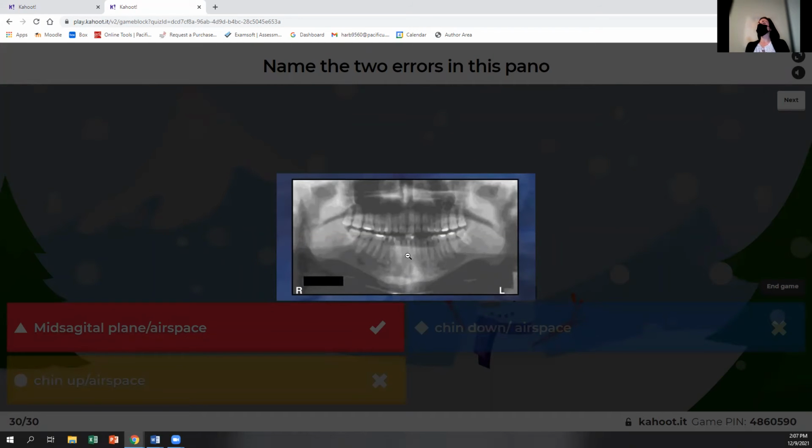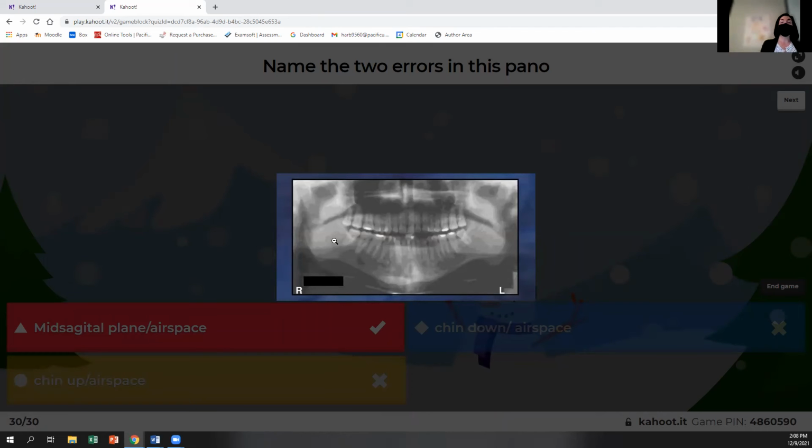Yeah, this one is kind of tricky. I'll admit, it's very obvious that you have an airspace here, and I didn't think that this looked too extreme. But one thing I did notice was that the condyles are almost off the edge. And as far as the mid-sagittal, you're looking for the equal sizing of the teeth, and the teeth look larger over here than over here.